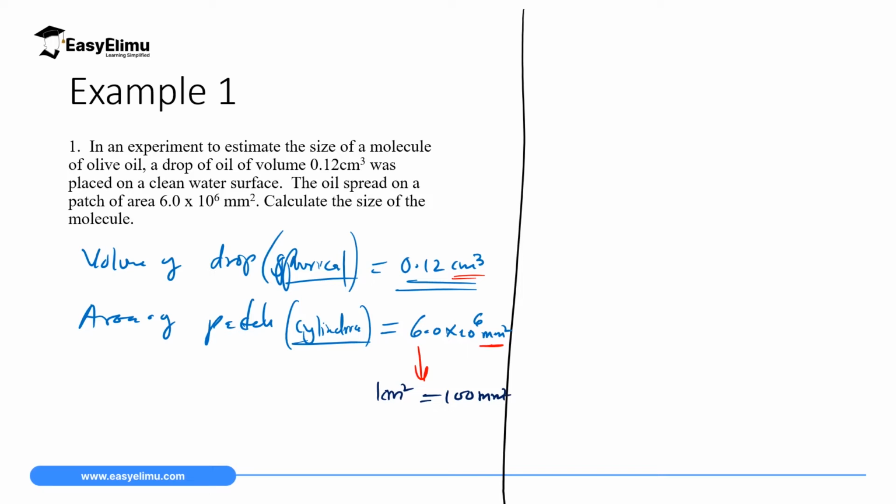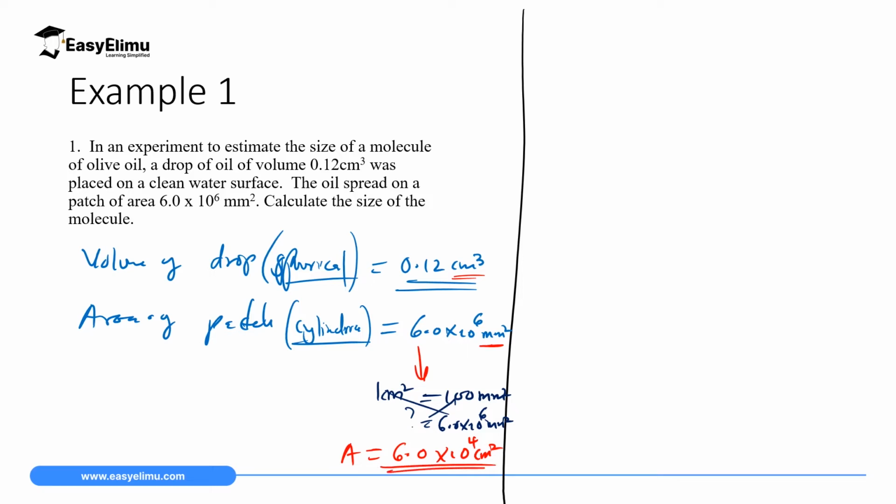So if we have 6.0 times 10 raised to power 6 millimeter squared, then we can find it by cross multiplying, and we will get our cross-sectional area of that patch as 6.0 times 10 raised to 4 square centimeter.